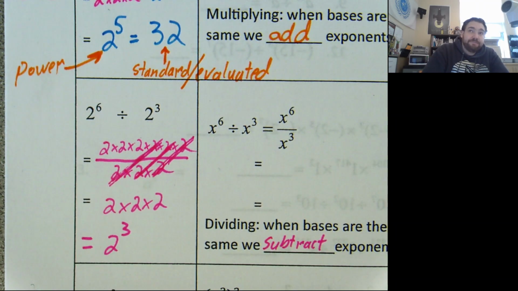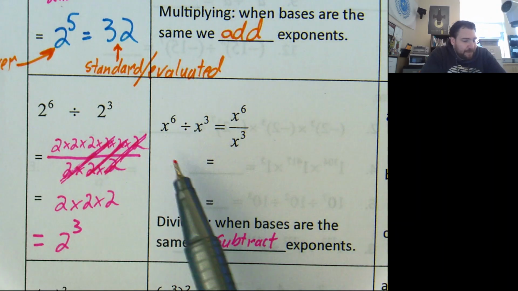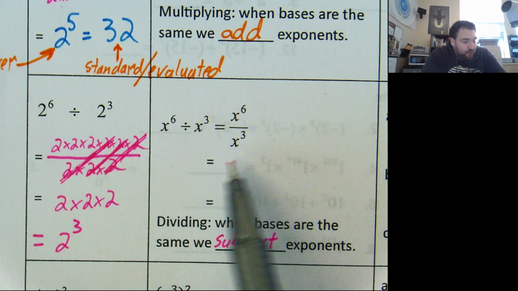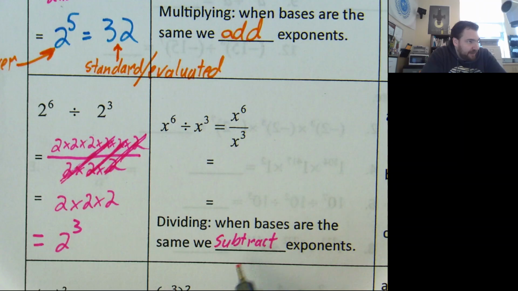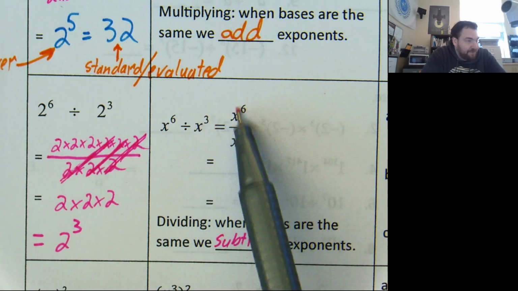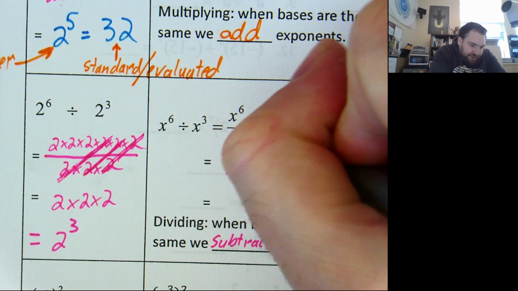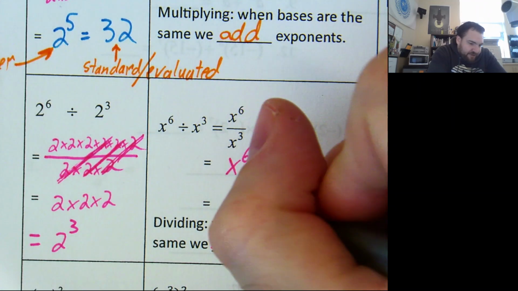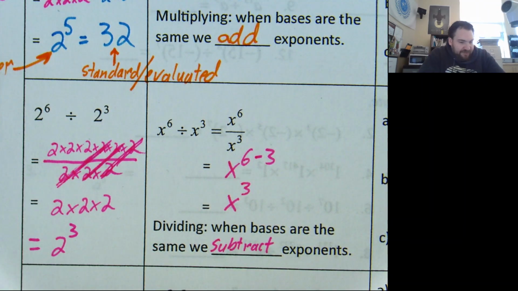We can subtract. So in general, it doesn't matter if it's written as a fraction or with the division notation. When you're subtracting the exponents, you always go left to right or top to bottom. This is going to be 6 minus 3. So that'll give you x to the 3.